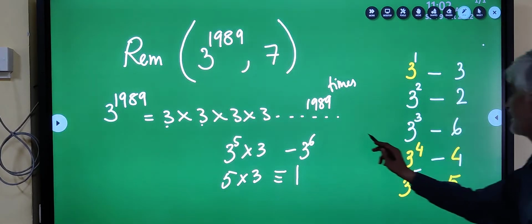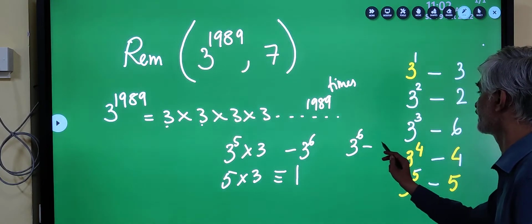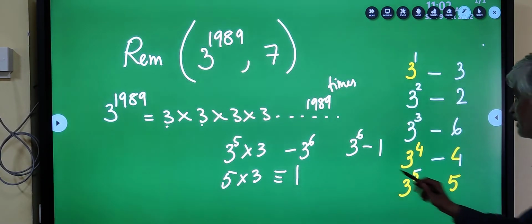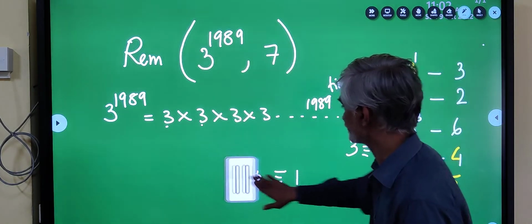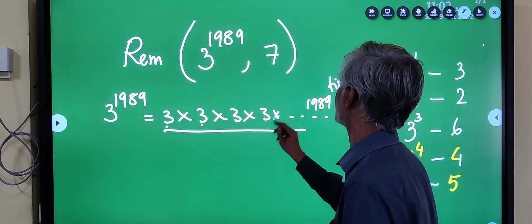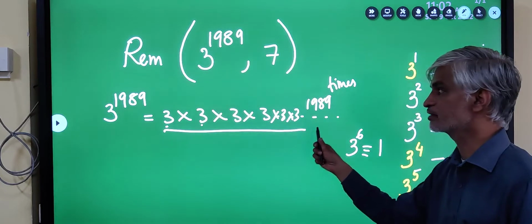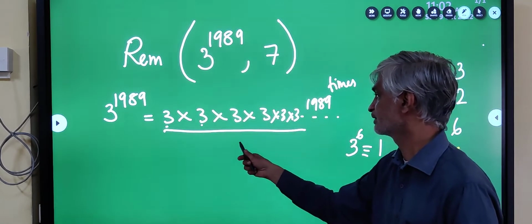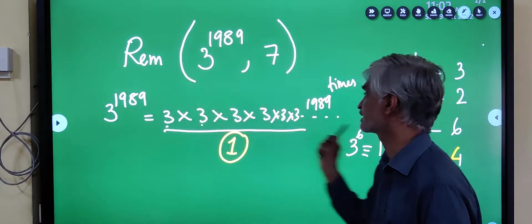So that's the magic number we are looking for. The remainder of 3 raised to 6 when you divide by 7 is 1. So now what is very clear is that if you make groups of 6, it will suit us very well, because this is 3 raised to 6, and 3 raised to 6 leaves a remainder of 1 when you divide by 7.